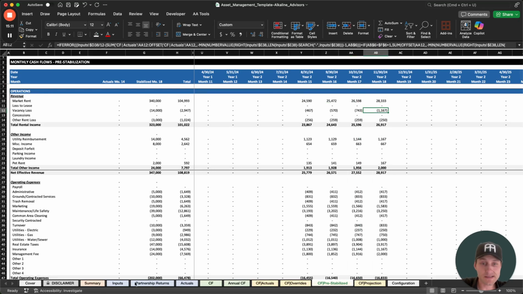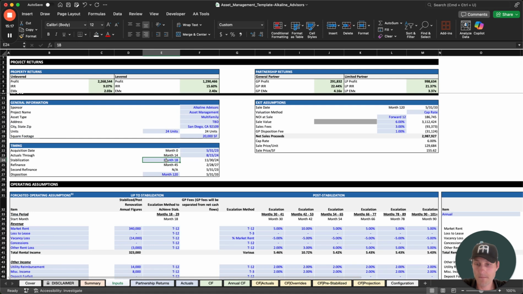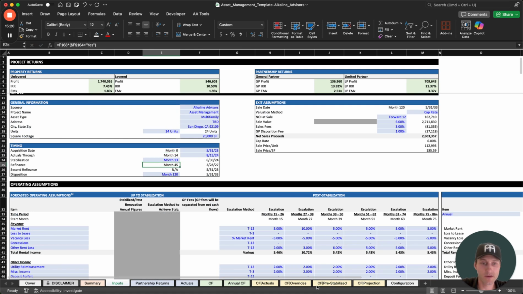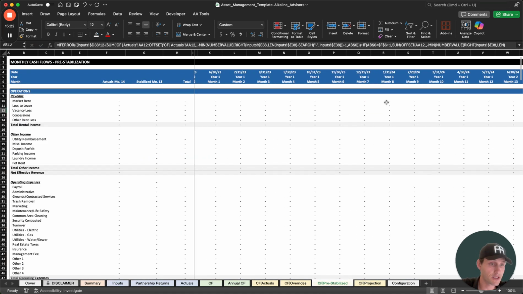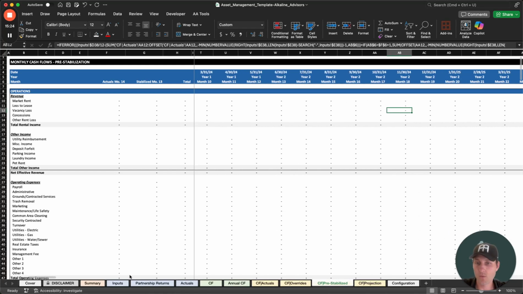If we're already past stabilization, this cash flow pre-stabilization tab is irrelevant, because if we go and make stabilization month 13, we can go to cash flow pre-stabilization. This will be blank because we have all the actuals that were up through stabilization, and then we're trending the actuals through the point of disposition throughout the hold period.